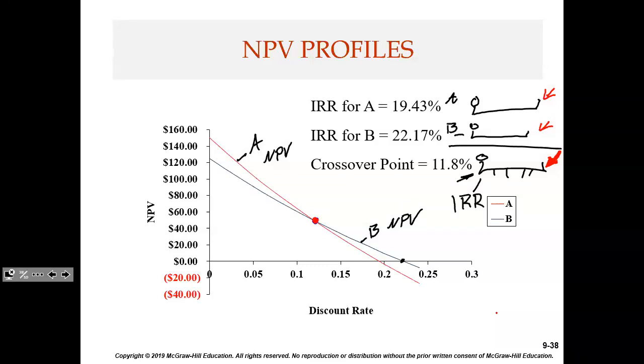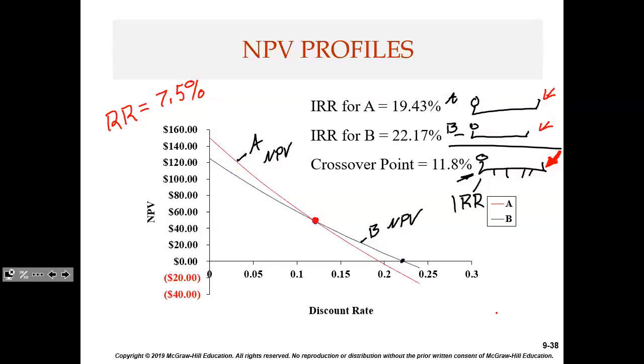Any questions on that so far? Okay. Now, why is that important? Why do we want to know the crossover? Well, if we look at our net present value profiles on here, let's just say that we had a required rate of return of 7.5%. You can see that's somewhere in between here.